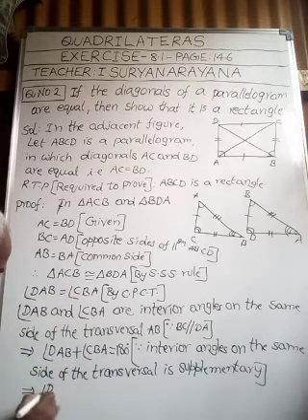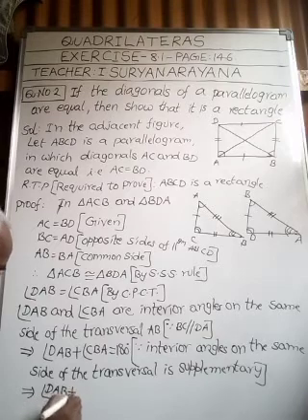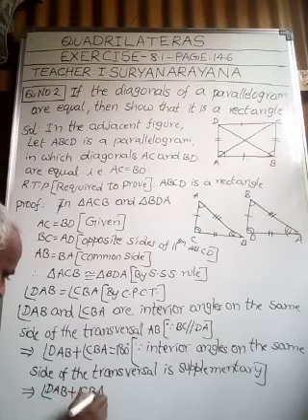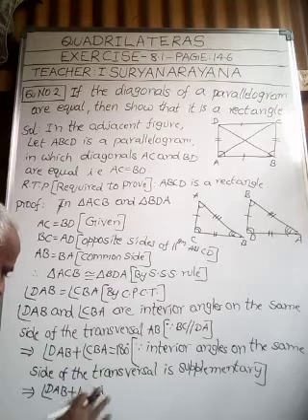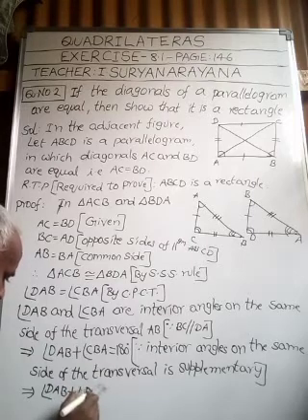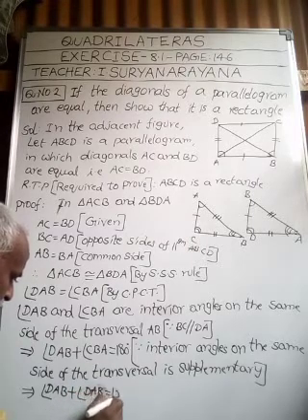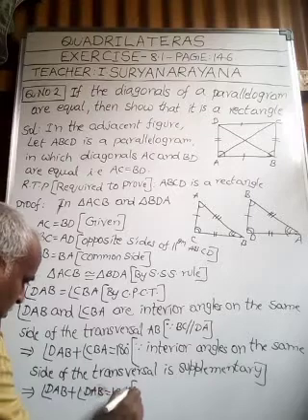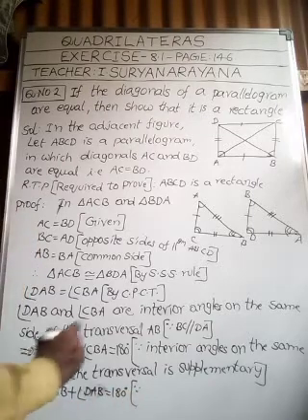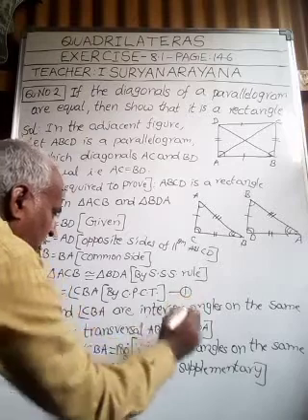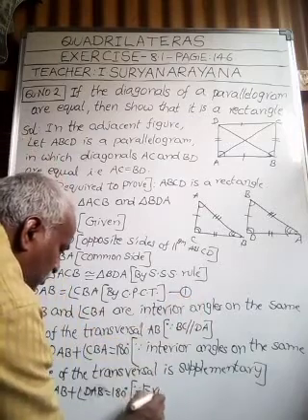So angle DAB plus angle DAB is equal to 180 degrees. Let us consider this as result 1.